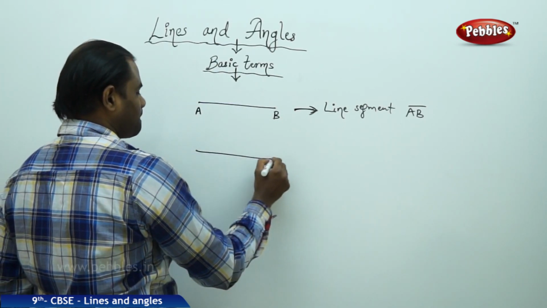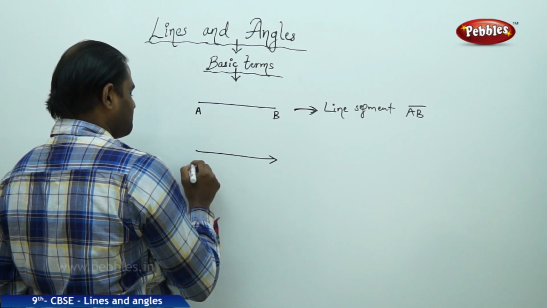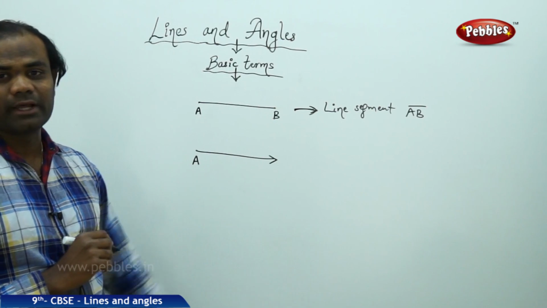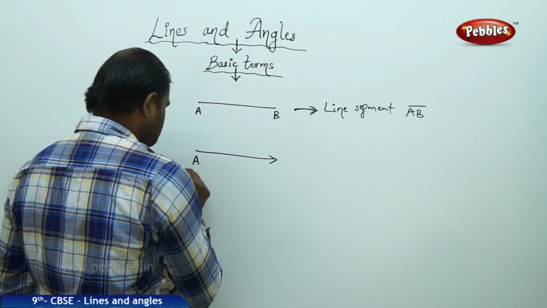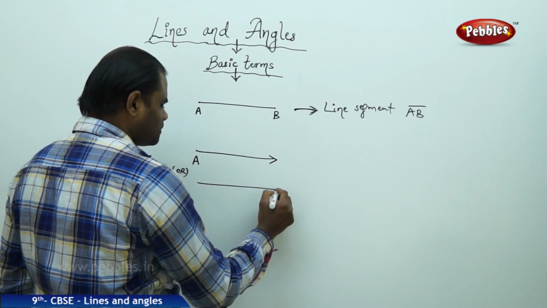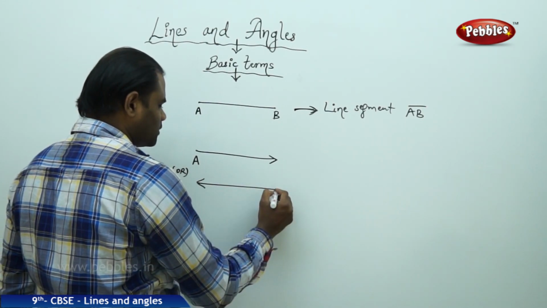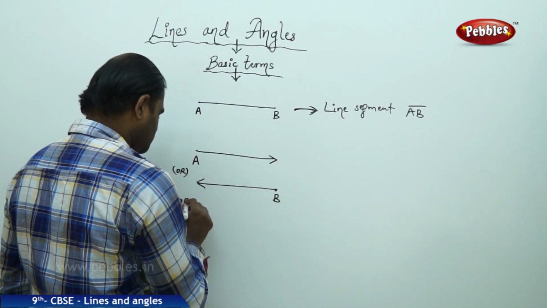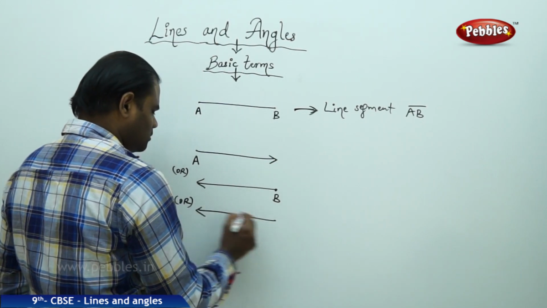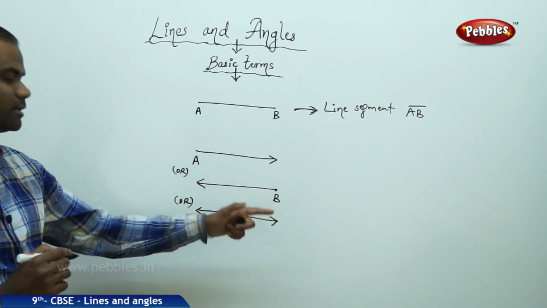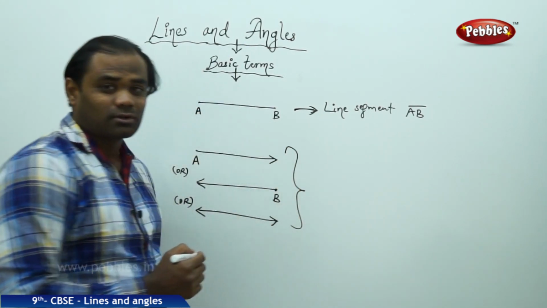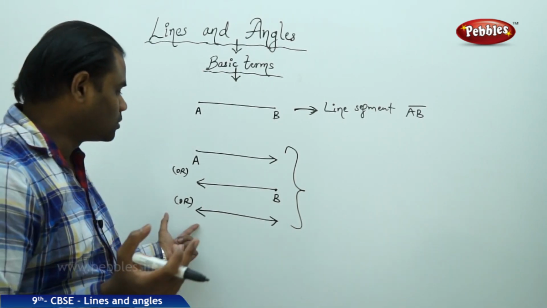Next, say I have a point A, but I don't have the end on the right, or I have point B and I don't have an end on the left, or I have point C, or I have none of the points in between, but it doesn't end on the right and left. These kind of lines which do not end on either side or on both sides.